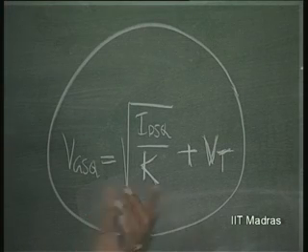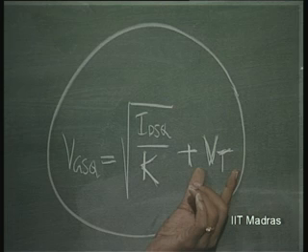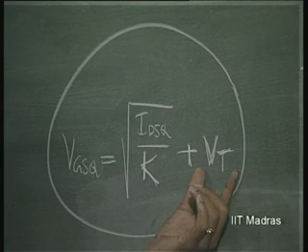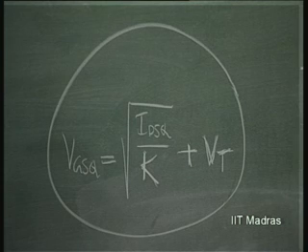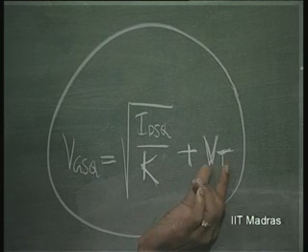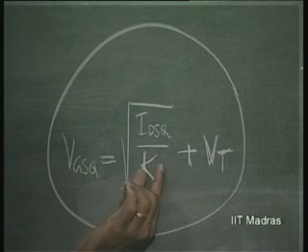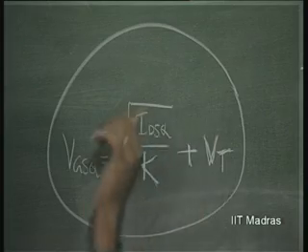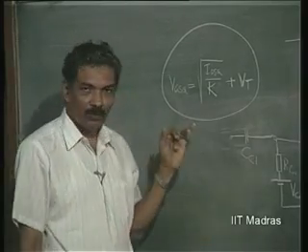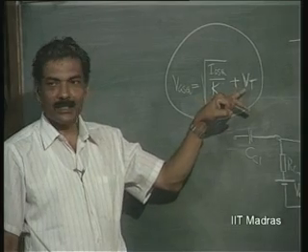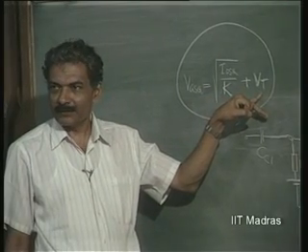That is number one. Vt has to be made as small as possible, so that most of the FETs operate in the current saturation region even at very low values of VDS. So, Vt is kept small, K is made large, that means this factor, VGSQ, will be in most of the devices very close to Vt itself.